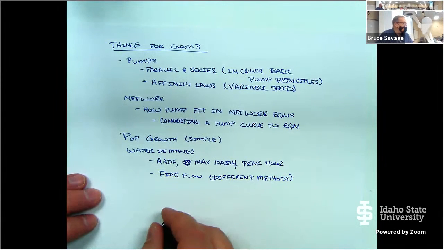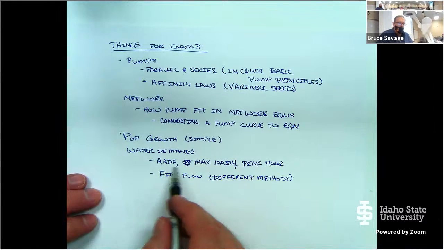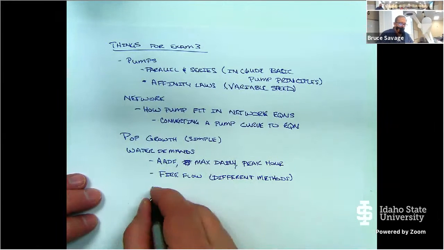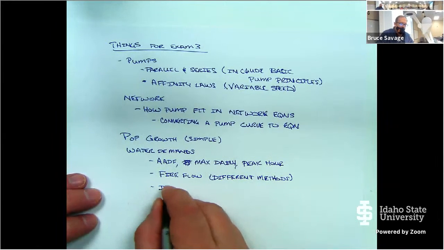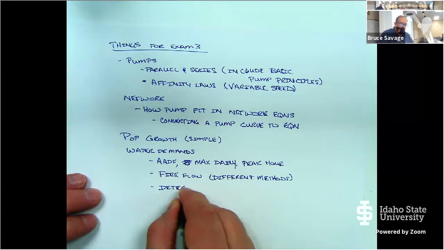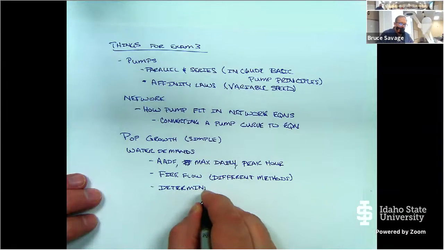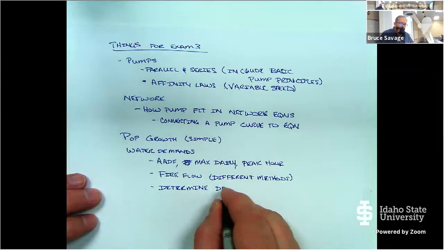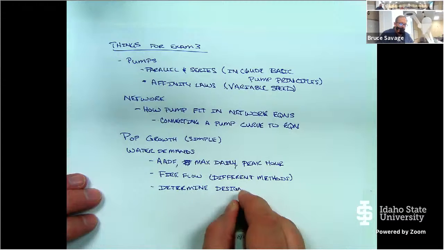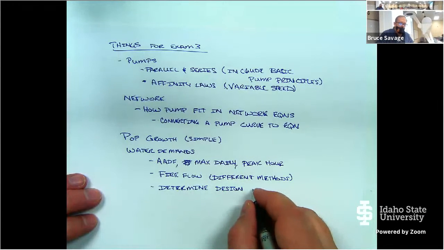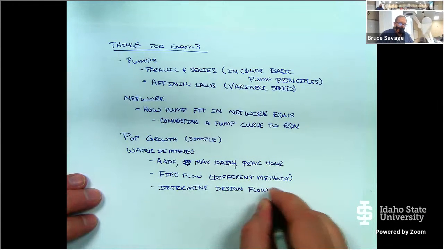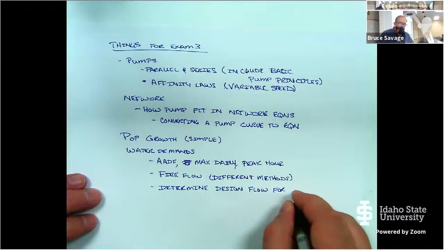And then using your annual average daily flow, the peak daily, peak hourly, and also including the population growth, determine the design flow for the network.